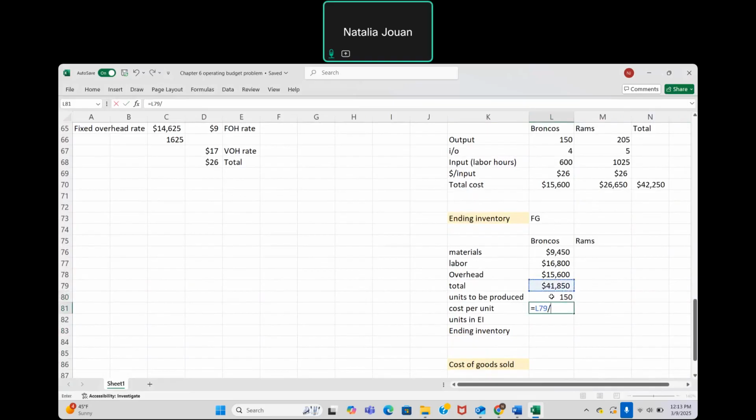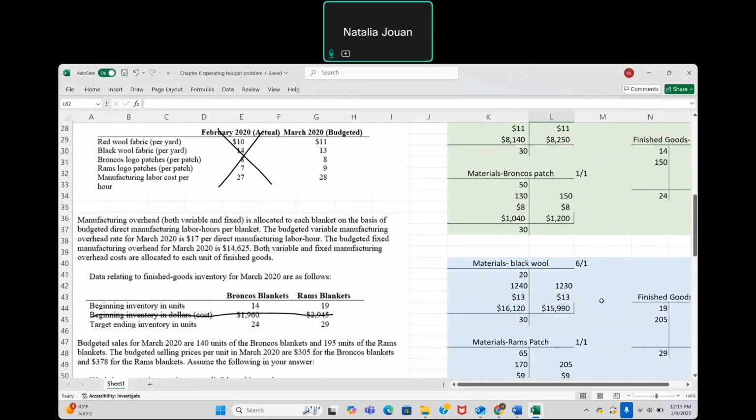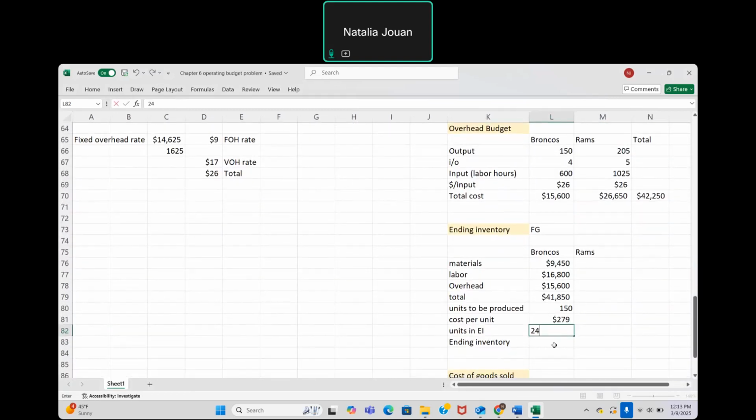Cost per unit, 279. Okay. So we have 24 units in ending inventory. So the total cost in ending inventory will be cost per unit times the units in ending. Okay. That's total ending inventory.